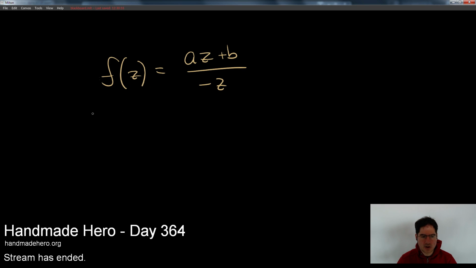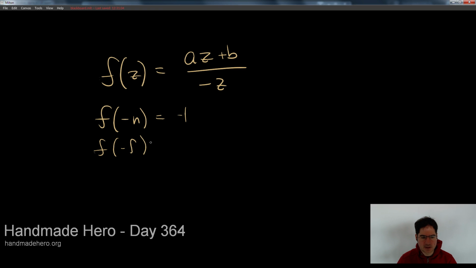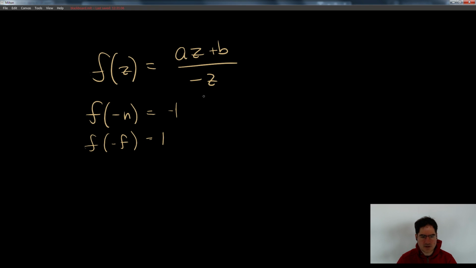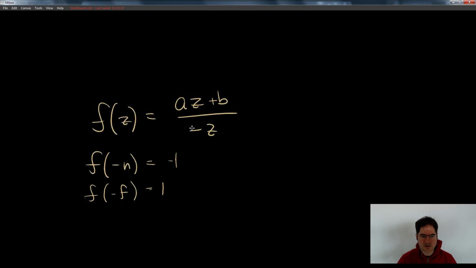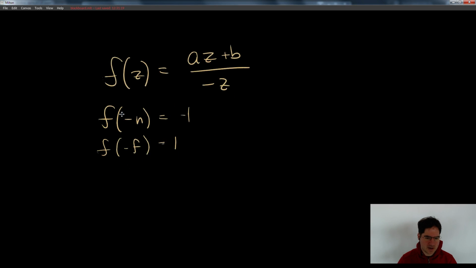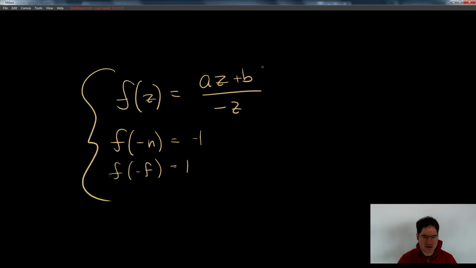So if we actually want f of negative n to equal our -1 and our f of negative f to equal 1, we actually need to do the math, assuming this is the actual output value, right? At least I believe that's the case. We don't have time to do that right now, but that's what we will have to take a look at.